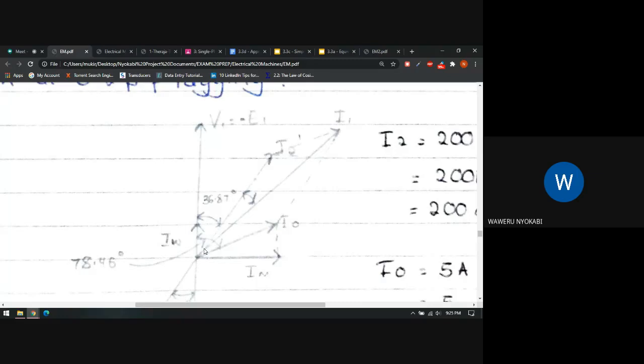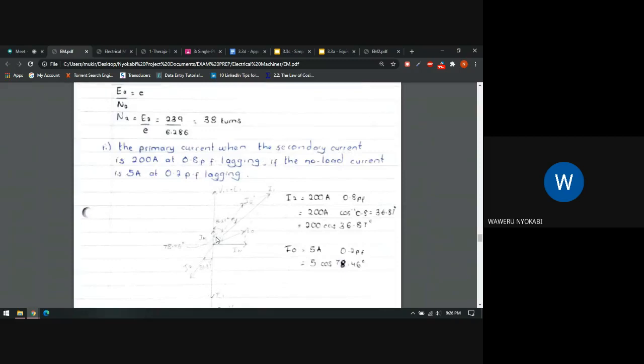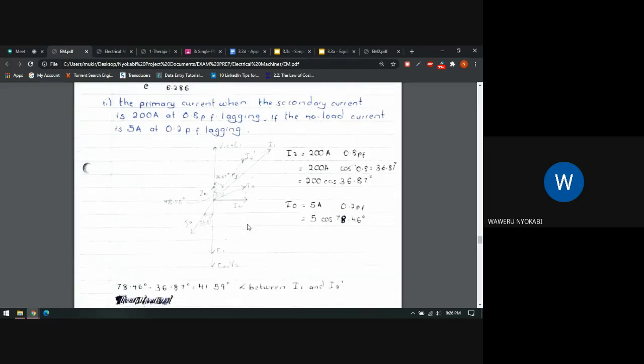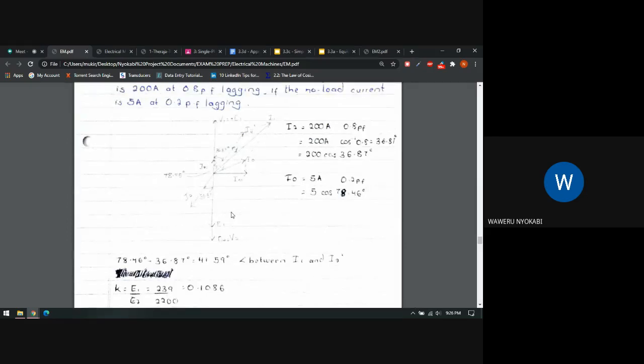We do 78.46 minus 36.87, and you get the angle at which I1, the primary current, is lagging. That gives 41.59 degrees.